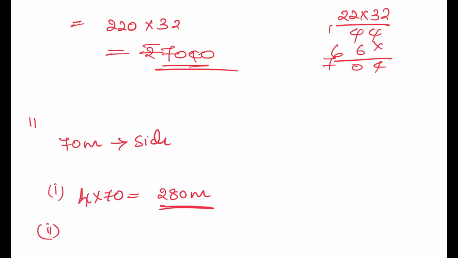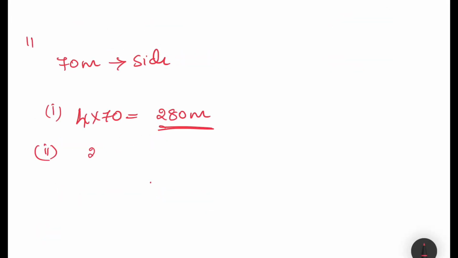So it is 280 into 8. 8 8s are 64, 6. 8 2s are 16, 16 plus 6 is 22. So 2240 meters. Coming to the 12th question.